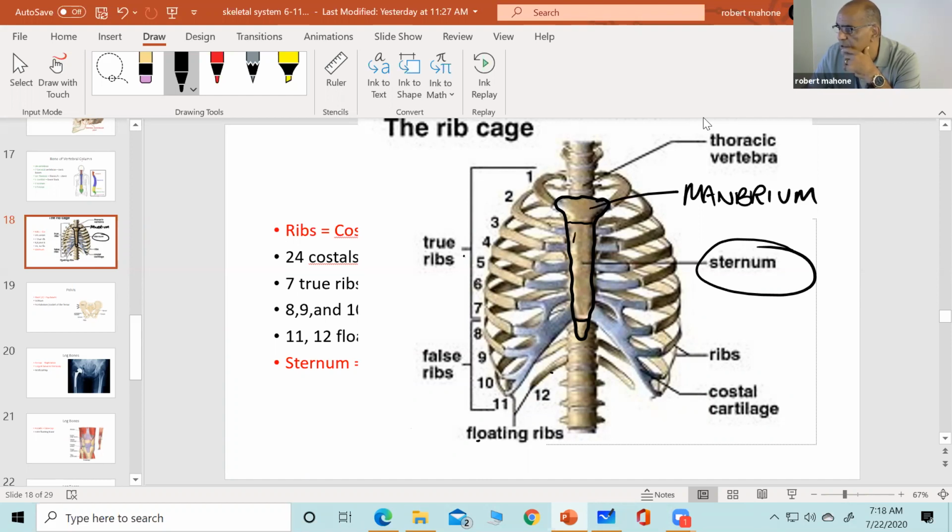The middle part is the body. And we already mentioned the tip down there, the xiphoid process. So there are parts to the sternum. I don't test on those, but I do want you to know that the breastbone is known as the sternum. And it's three parts, the manubrium, the body, and the xiphoid process.